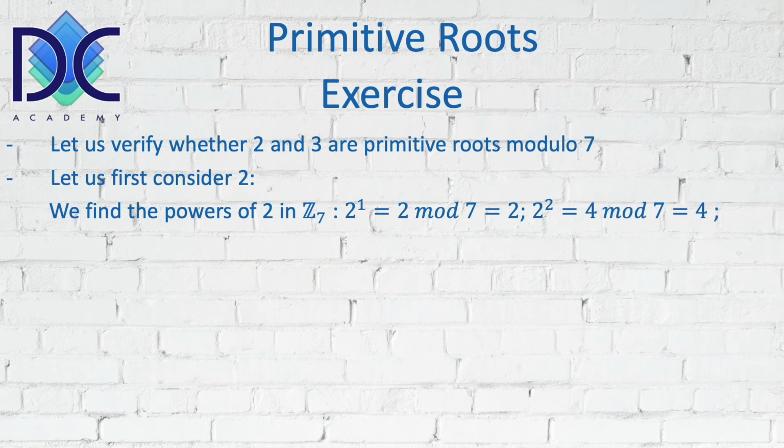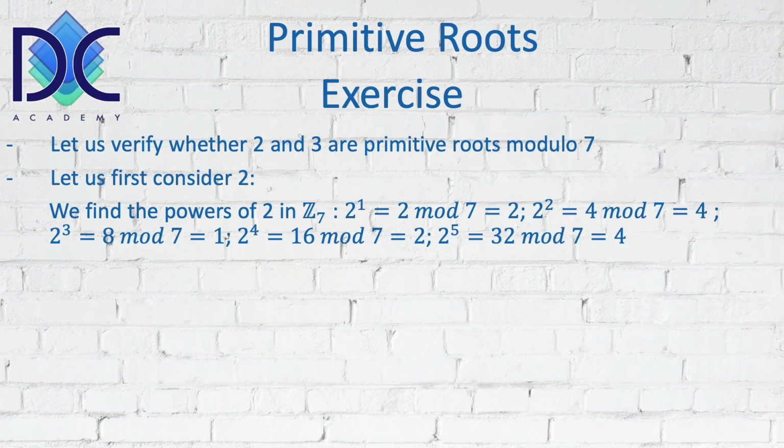We have 2 to the power 2 is equal to 4 modulo 7, which is 4. Then 2 to the third is 8 modulo 7, which is 1. 2 to the power 4 is 16 modulo 7, which is 2. 2 to the fifth is 32 modulo 7, which is again 4.